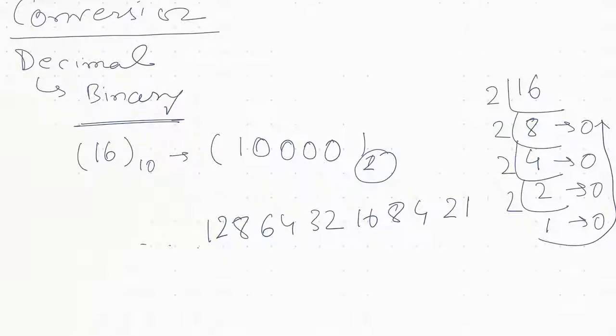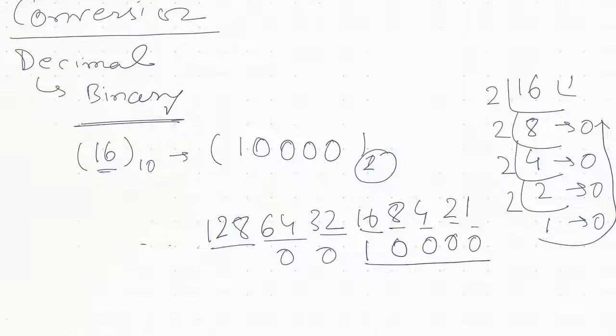Now to make 16, we can put 1 in here and all the remaining can be assigned 0. You can add zeros in front, it really doesn't matter. The same result obtained via division can also be obtained through this kind of pattern. When we solve problems, we will be more clear about it.